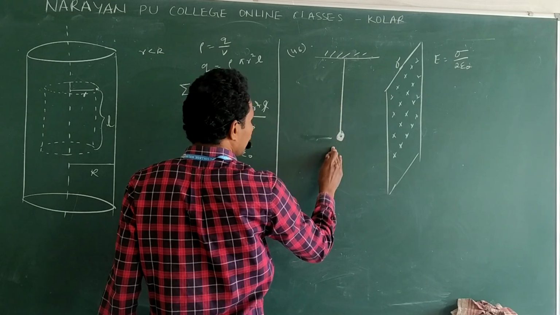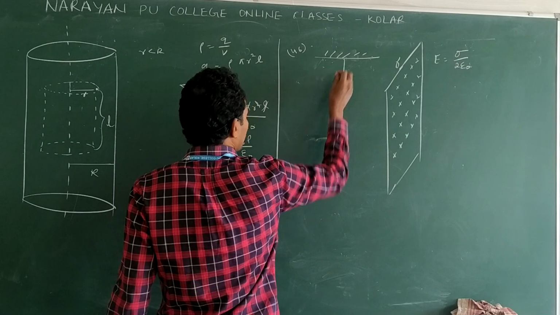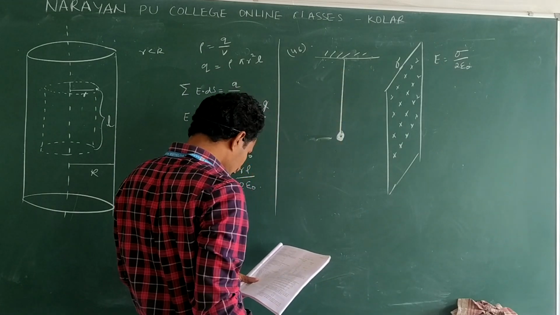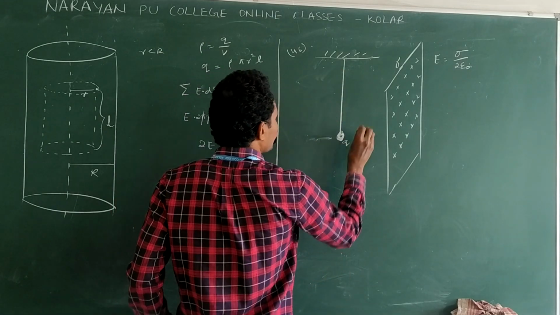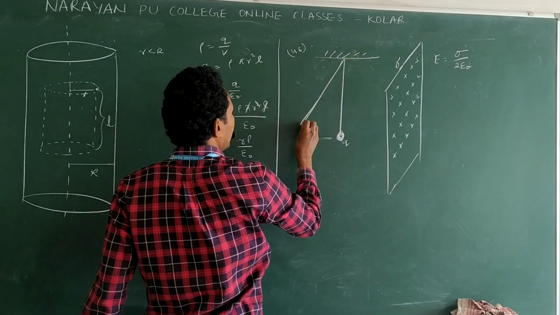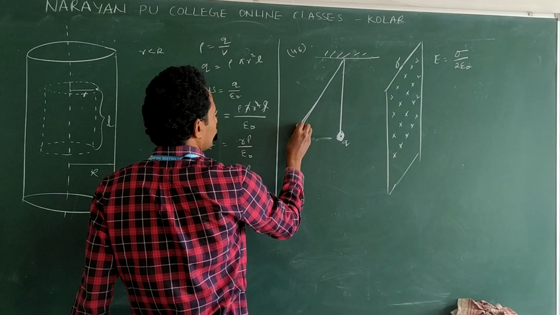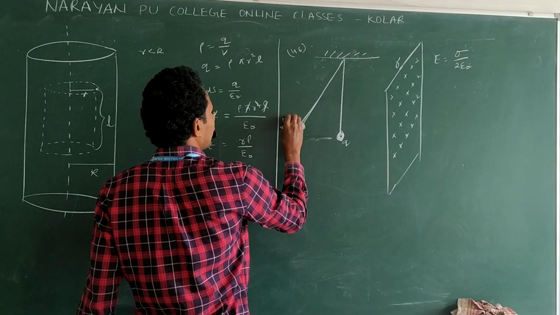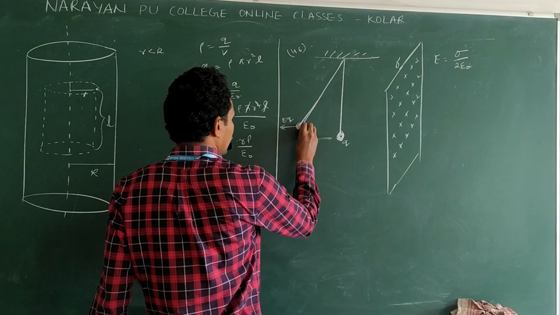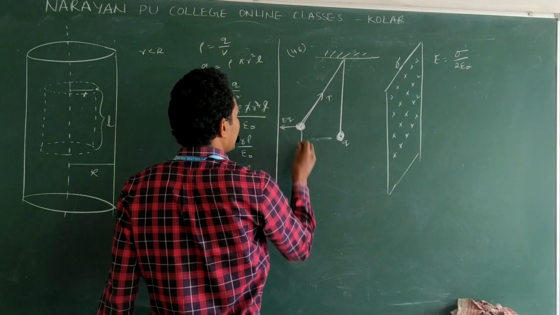Instead of vertical, it will deflect due to the repulsive force. They mentioned a charge q on this, so the positive charge is repelled. Then it will come like this. Clear? So this is the electrostatic force Eq. Mg acts like this. Tension acts like this.